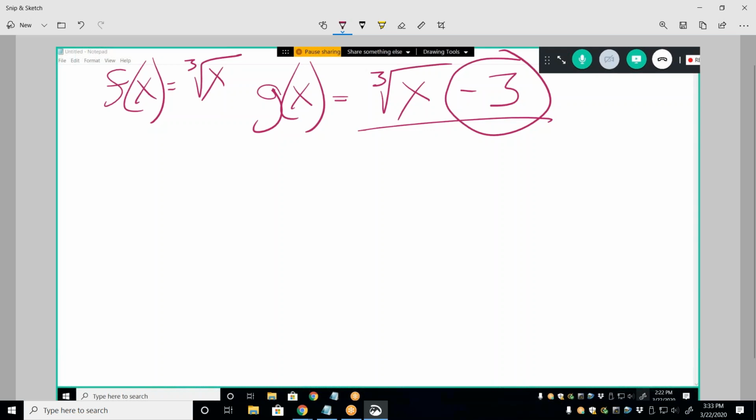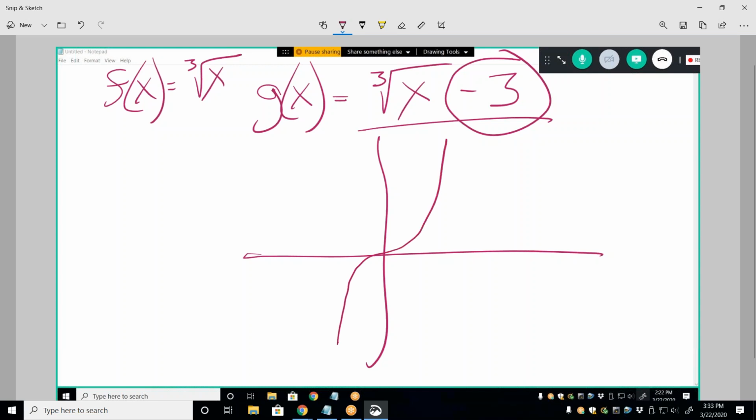There you go. So what that looks like is, actually, cube root is one that I have a hard time drawing. I don't know why. Cube root is a reflection across that line.